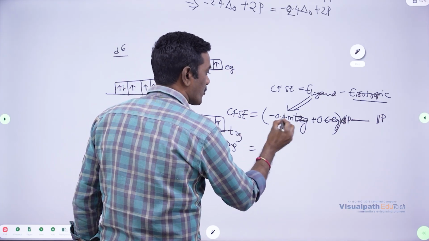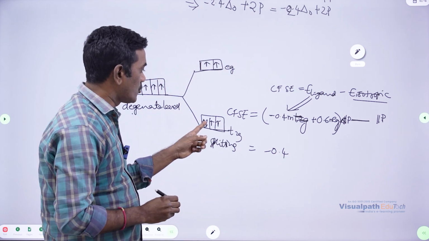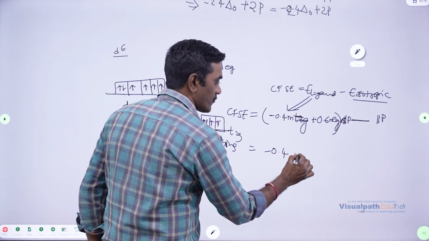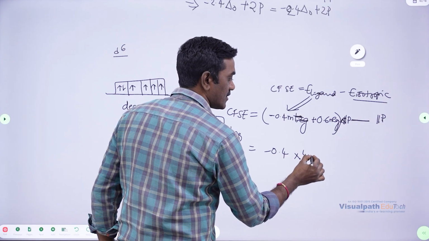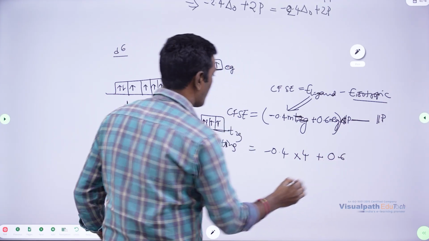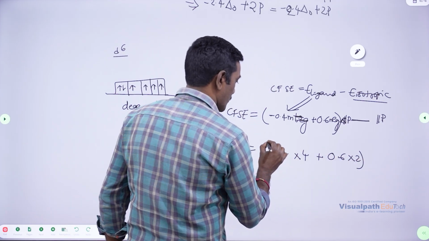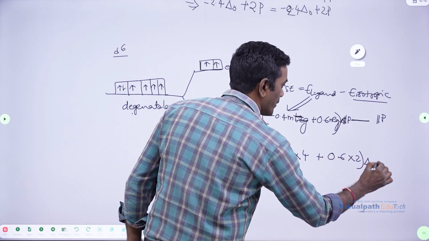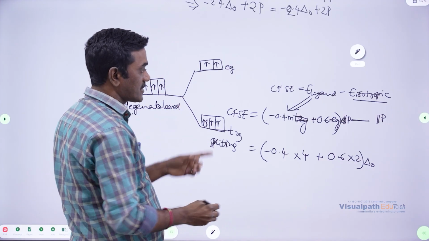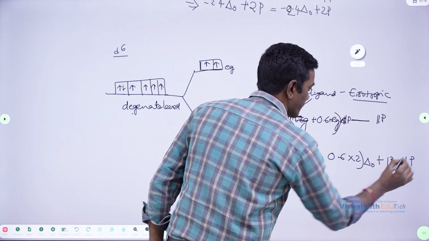So minus 0.4 into how many t2g electrons are there now? 1, 2, 3, 4 electrons, 4. And then plus 0.6 into how many eg electrons are there now? 2. Delta naught. How many pairs are there after this? It's going to be 1p minus 1p.